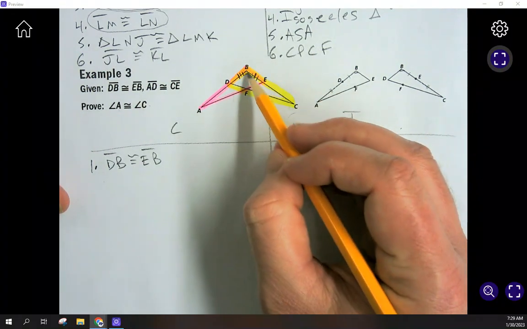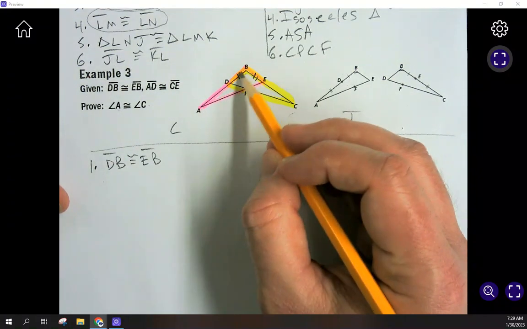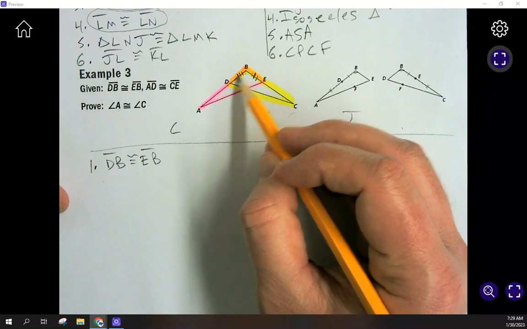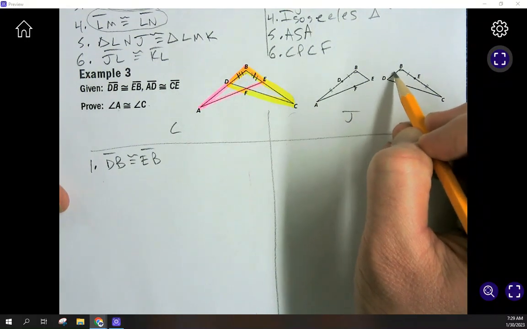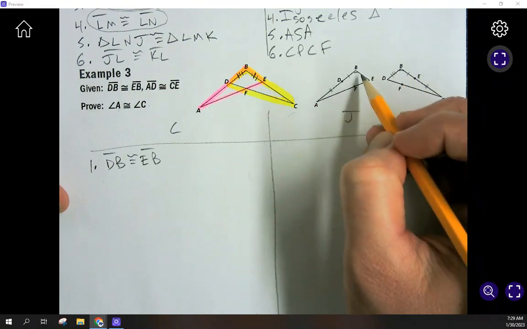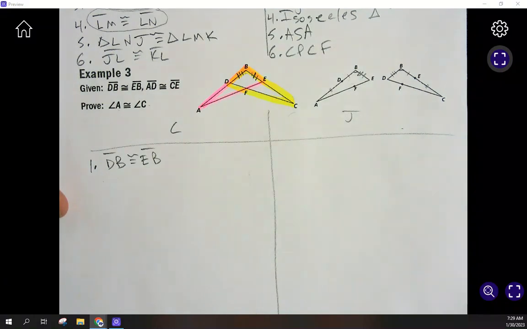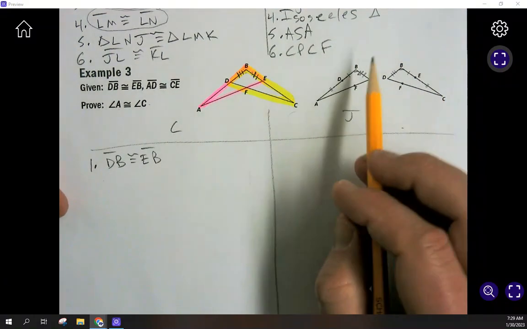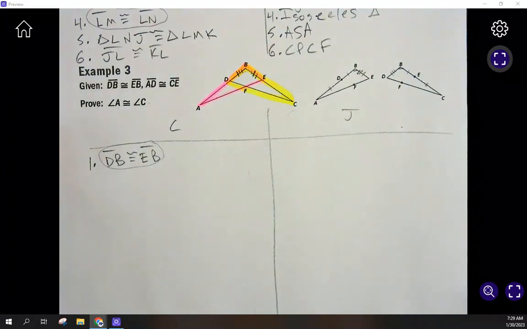So if you look at the yellow triangle, yes, that's just a piece of this side of the pink triangle, but it's the full side of this yellow triangle. So which is this piece right here. So this DB is going to equal this EB. So this is where it can get a little confusing when you're looking at it, but that is definitely there. So now we've got a side equal to a side right off the bat.